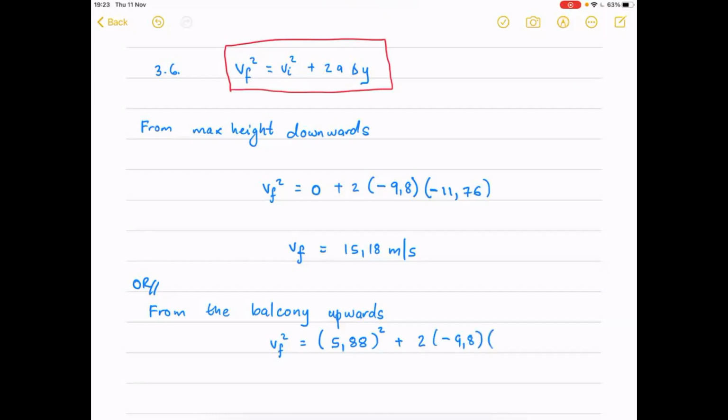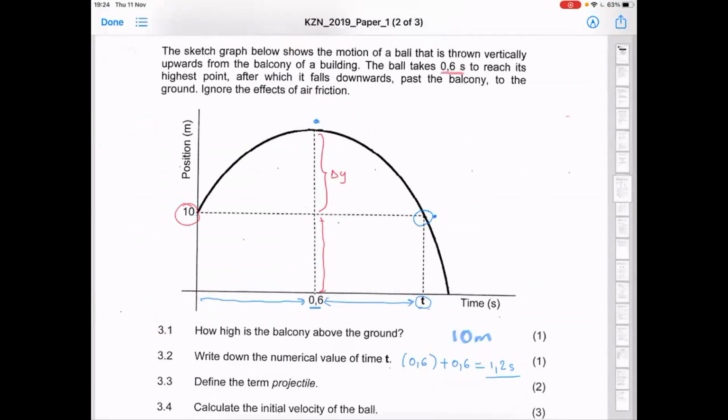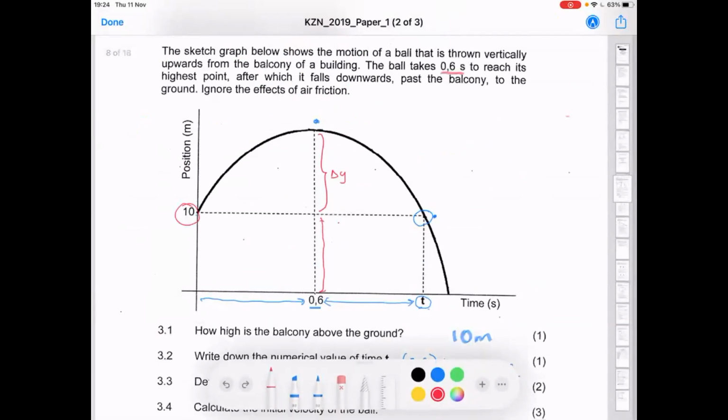And now's the next part. What is the value for delta Y if I am measuring from the balcony? So I want to go quickly here to show you, right? In the first case that we did, we measured from here, from the maximum to the bottom here. And so the delta Y was the entire height here, the one that we calculated. Now, if we are starting at 10 and we are finishing here, then what is the delta Y?